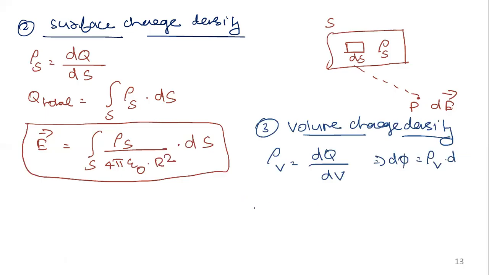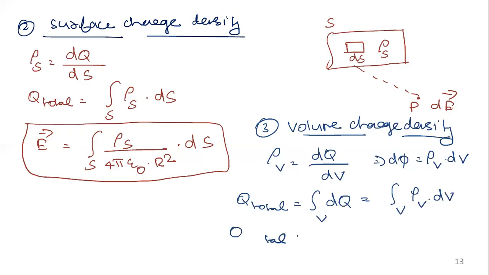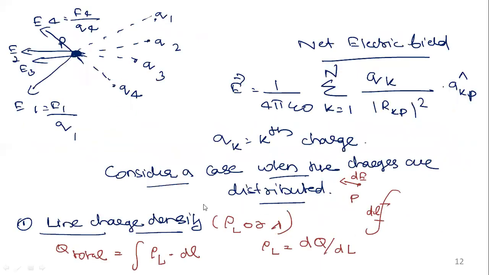So Q total is equal to the integral over v of dq, which is equal to the integral over v of rho v into dv. Same thing only.